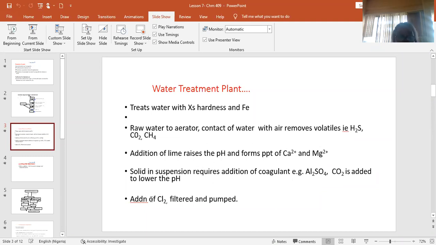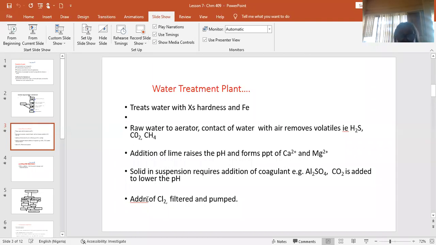Then we add chlorine. Chlorine is added in the form of sodium or potassium hypochlorites. You don't add chlorine gas. The chlorine is supposed to destroy or kill all the microorganisms, all the bacteria which cause typhoid, cholera and everything.